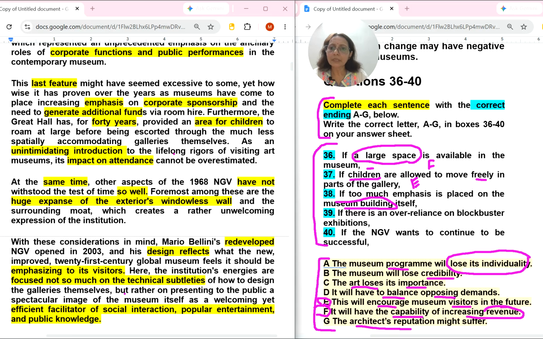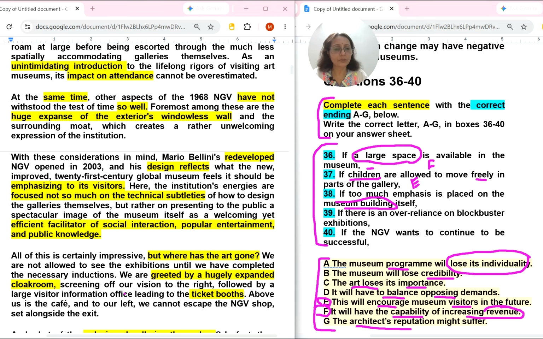This paragraph is done, and at the same time I'm looking for another building, huge expense of. I think it is: if too much emphasis is placed on the museum building itself, NGV has not stood the test of time, huge expense of exterior windowless wall, the surrounding.